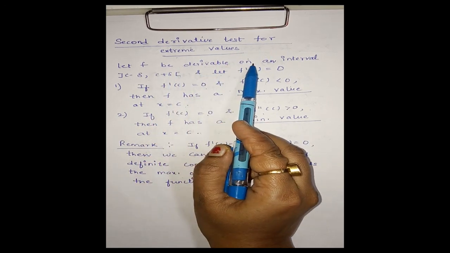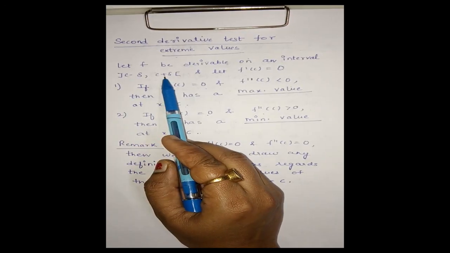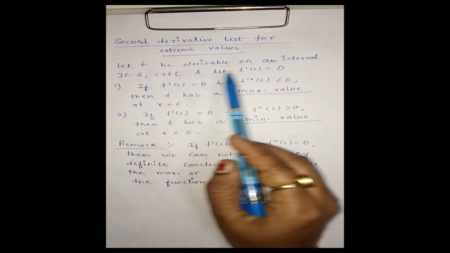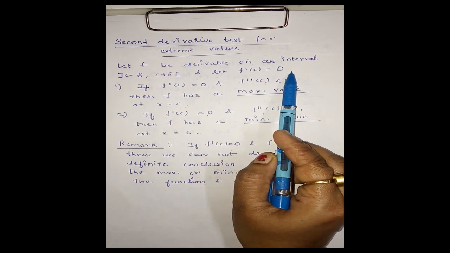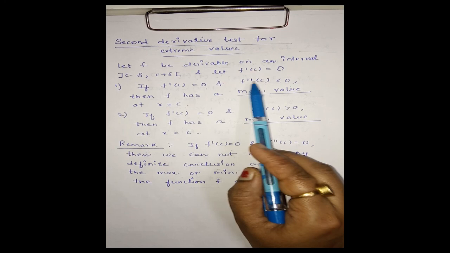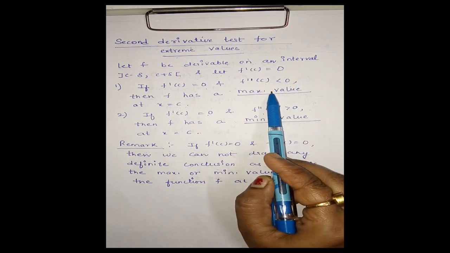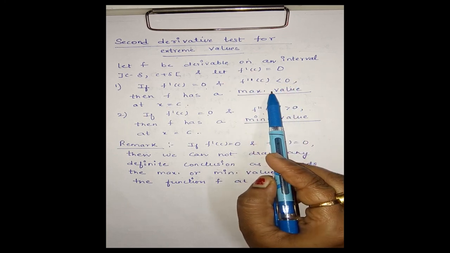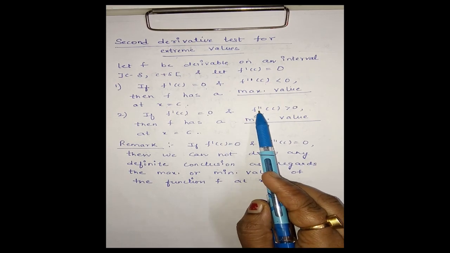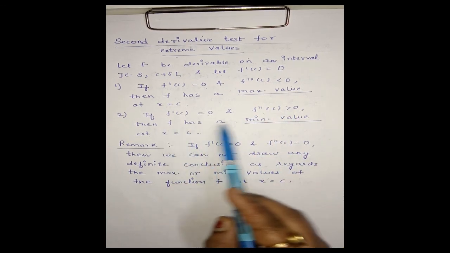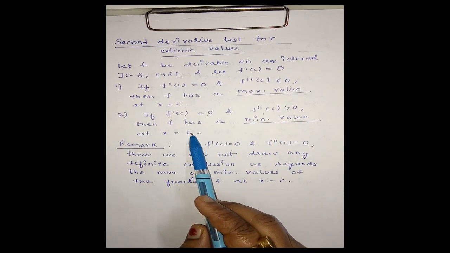Let f be derivable on an open interval c minus delta, c plus delta, and f dash c is equal to 0. If f double dash c is less than 0, then f has a maximum value at x is equal to c. And if f double dash c is positive, then f has a minimum value at x is equal to c.